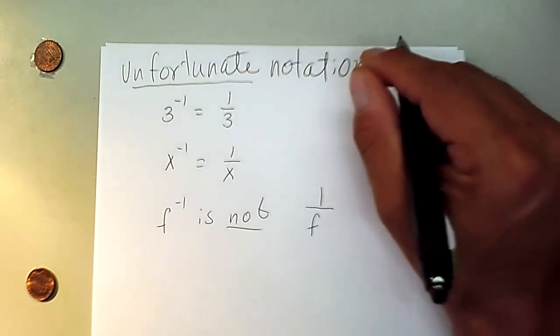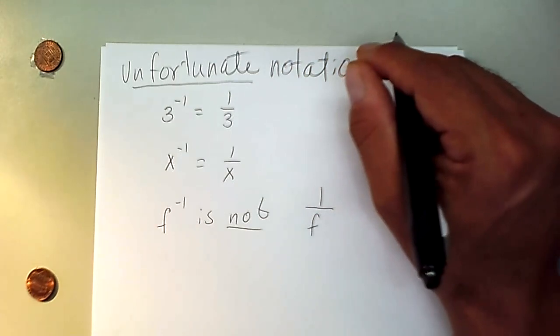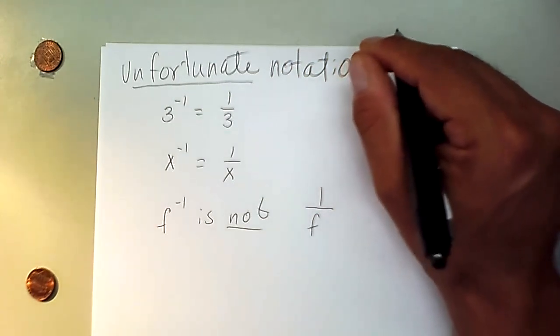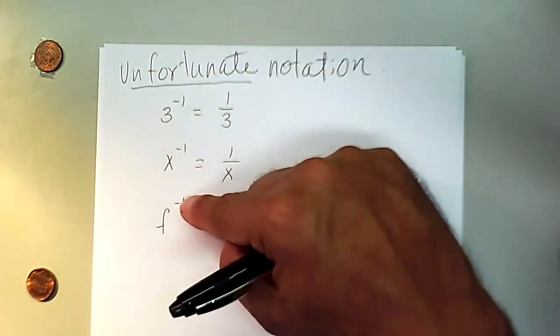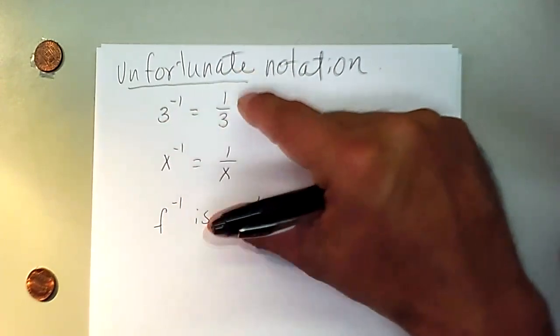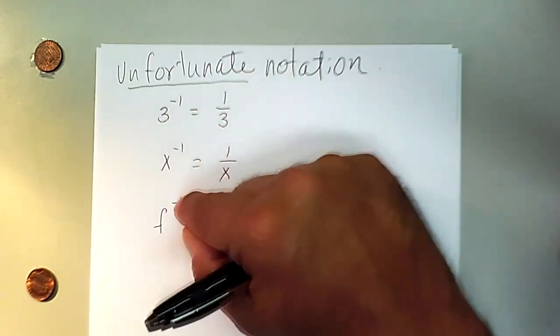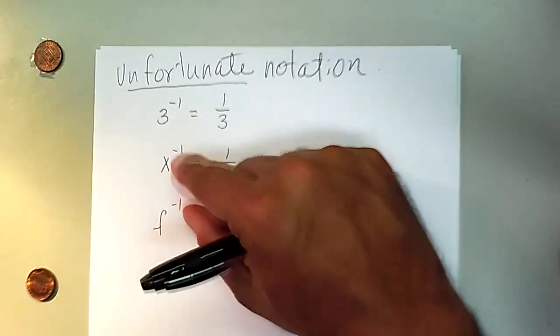I have had classes with 3 or 4 students with the same first name. So that's kind of happening here. We're using the same notation, but different ideas. So we have to be aware that we are talking about a function versus not a function.